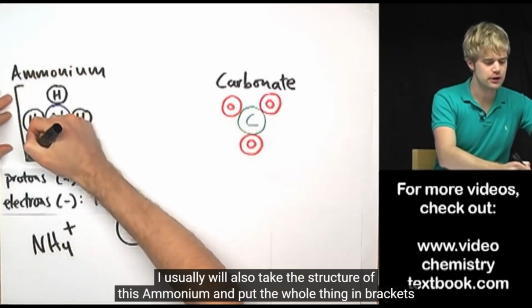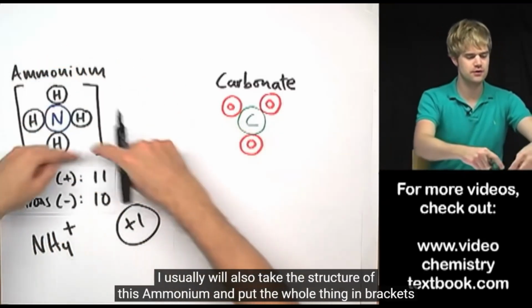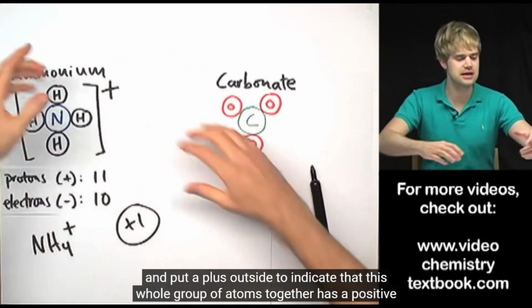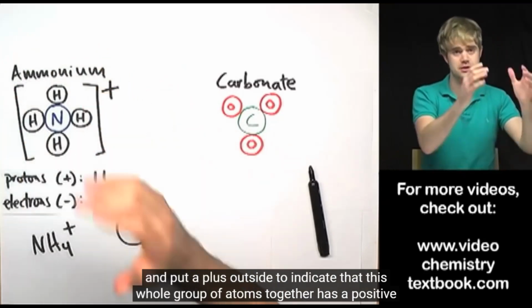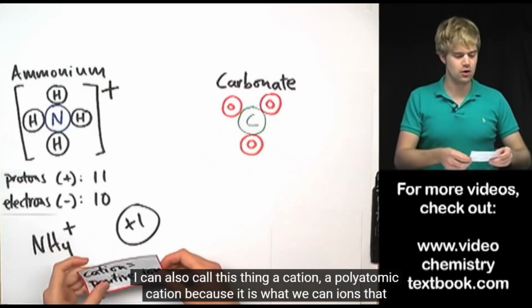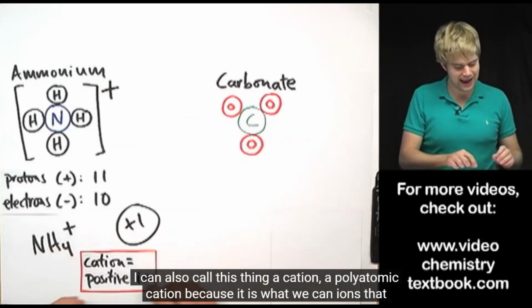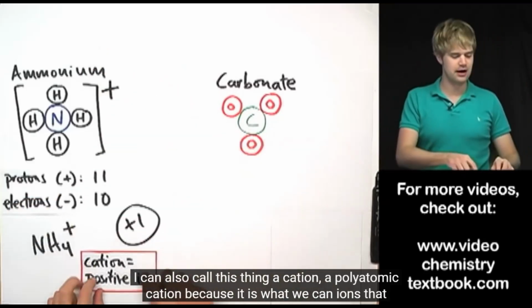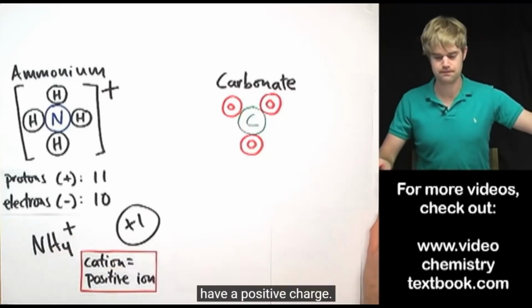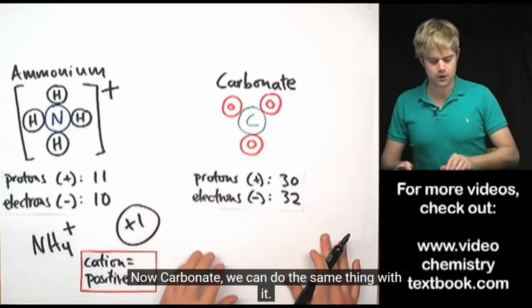I usually will also take the structure of this ammonium and put the whole thing in brackets and put a plus outside to indicate that this whole group of atoms together has a positive charge. I can also call this a polyatomic cation, because a cation is what we call ions that have a positive charge.